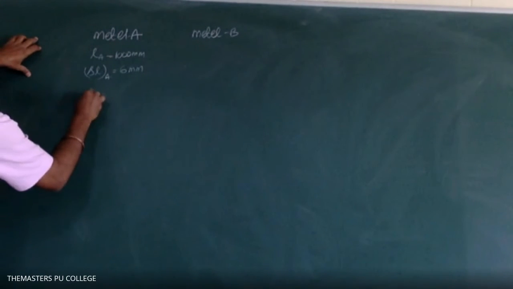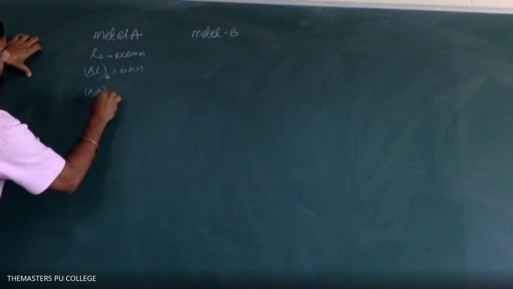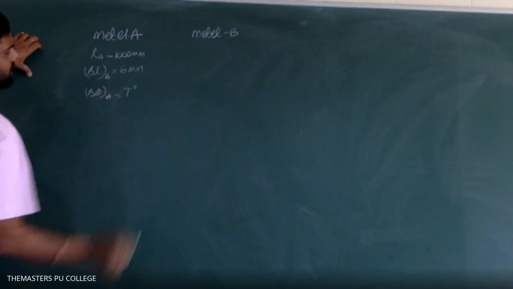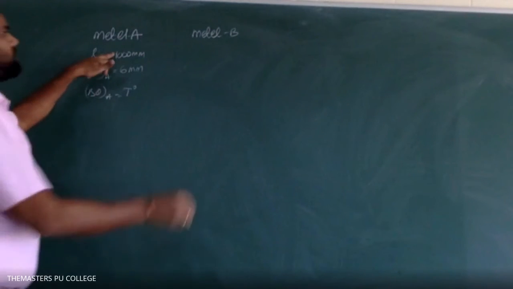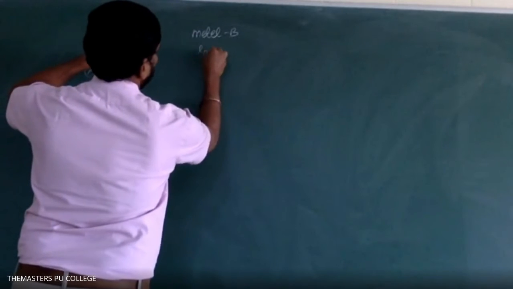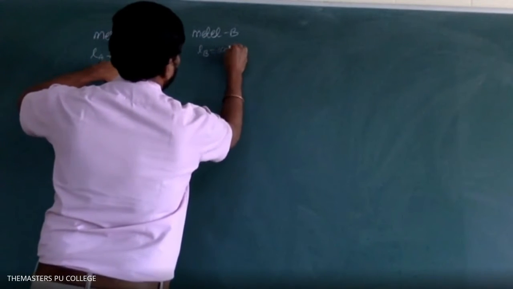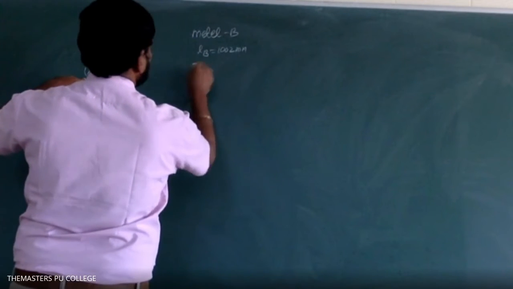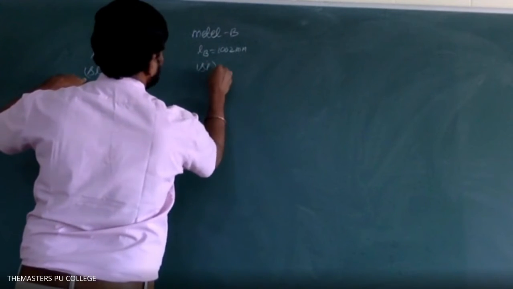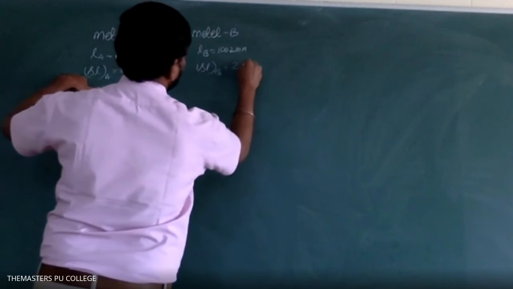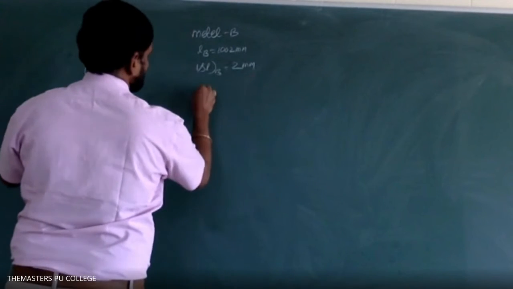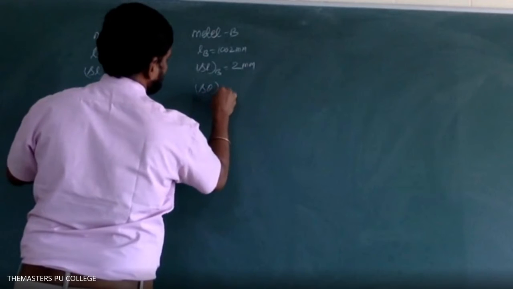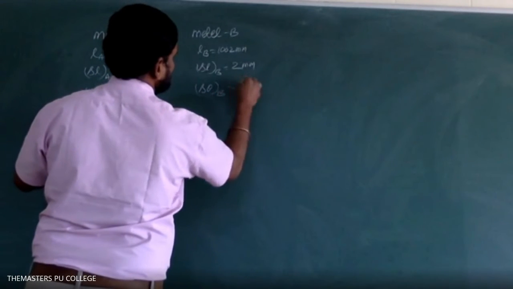The change in temperature, delta theta of A, is some T degree. Similarly, for metal B, the initial length is 1002 millimeter, delta L of B equals 2 millimeter, and delta theta for B is also T degree.